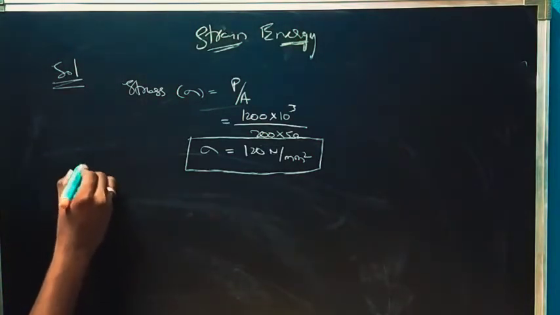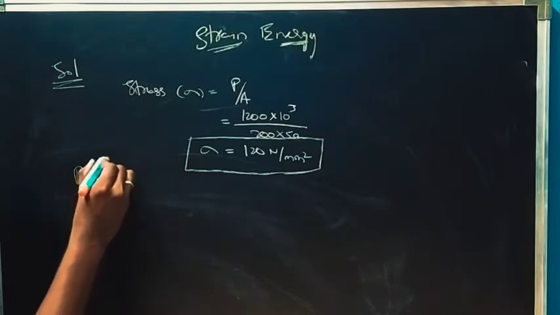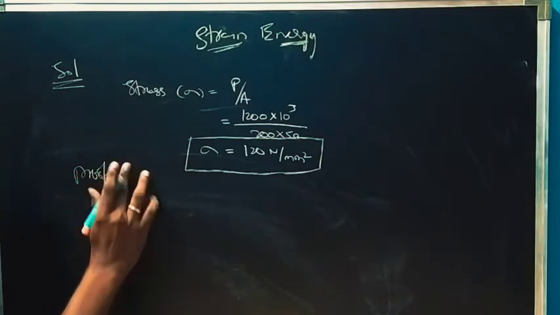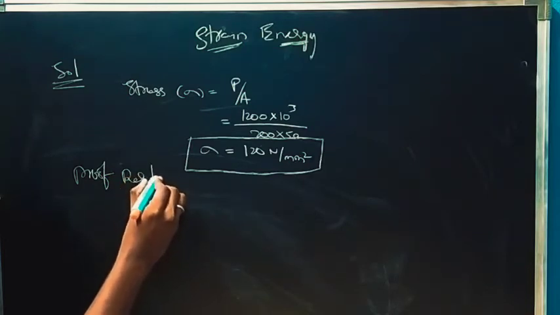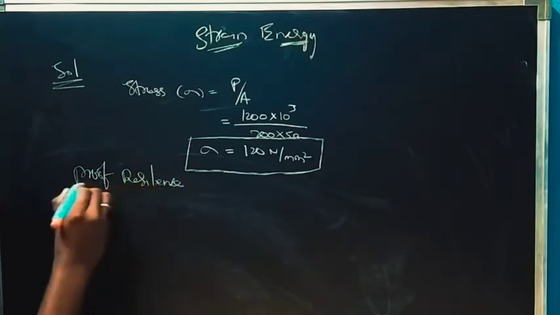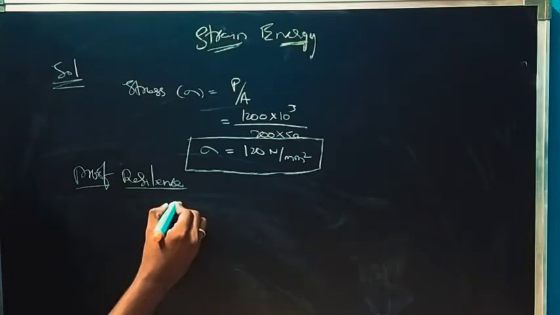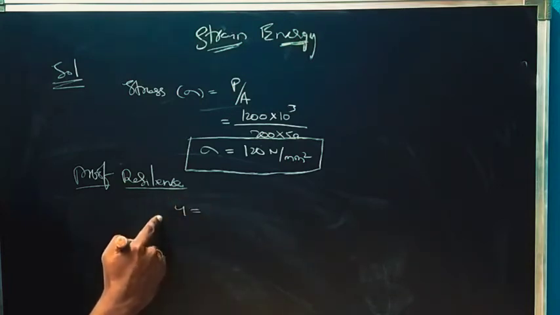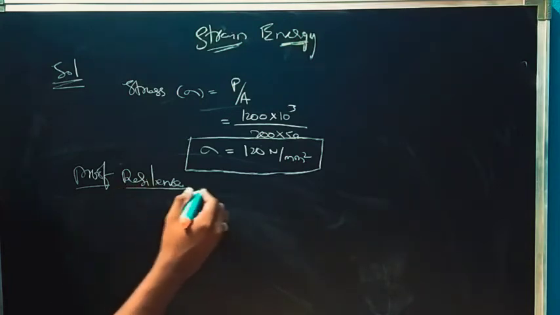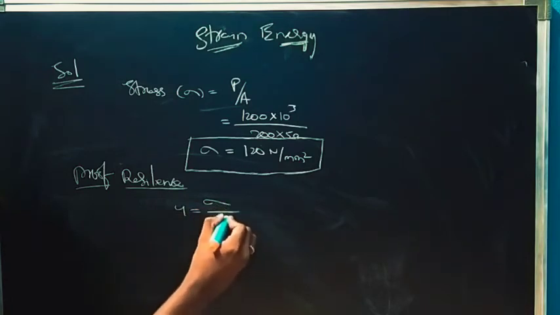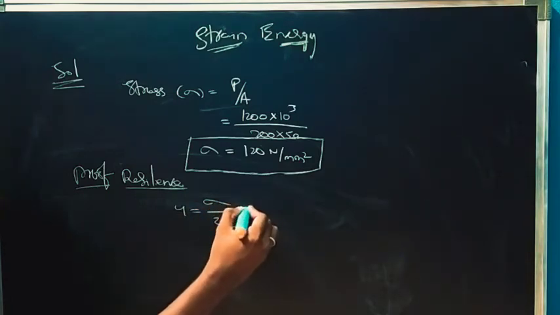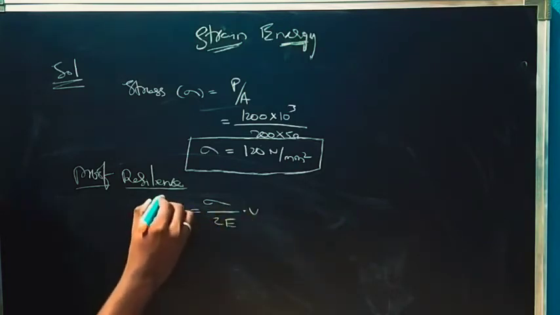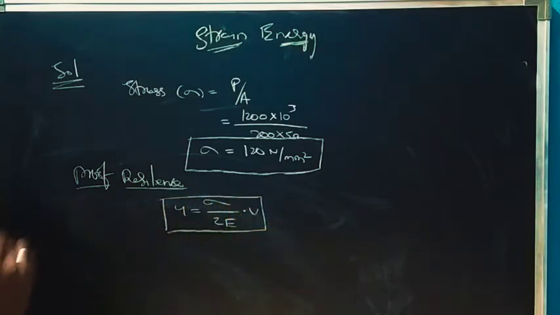Next we'll find out the proof resilience. So U equals, we know the formula for proof resilience, that is U equals sigma square upon 2E multiplied by V. Right.